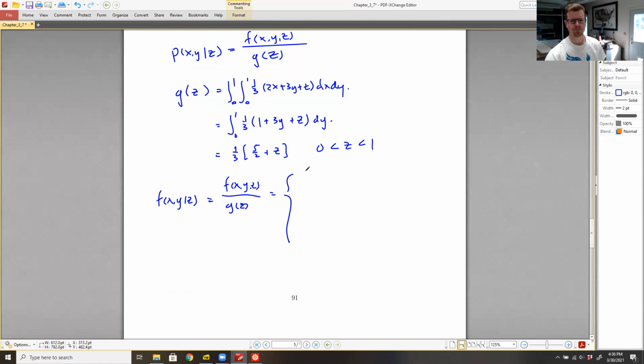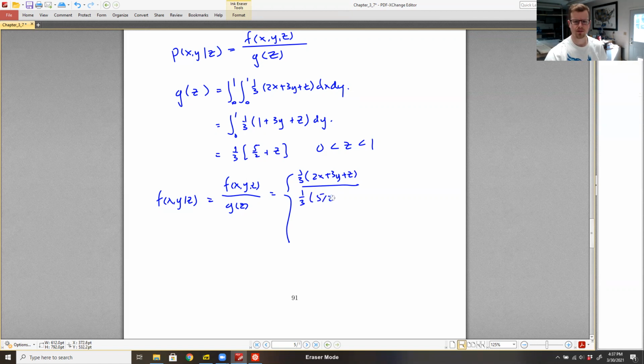Keep that in mind. So then we have f of x, y, z is 1/3 times 2x plus 3y plus z divided by 1/3 times 5/2 plus z.